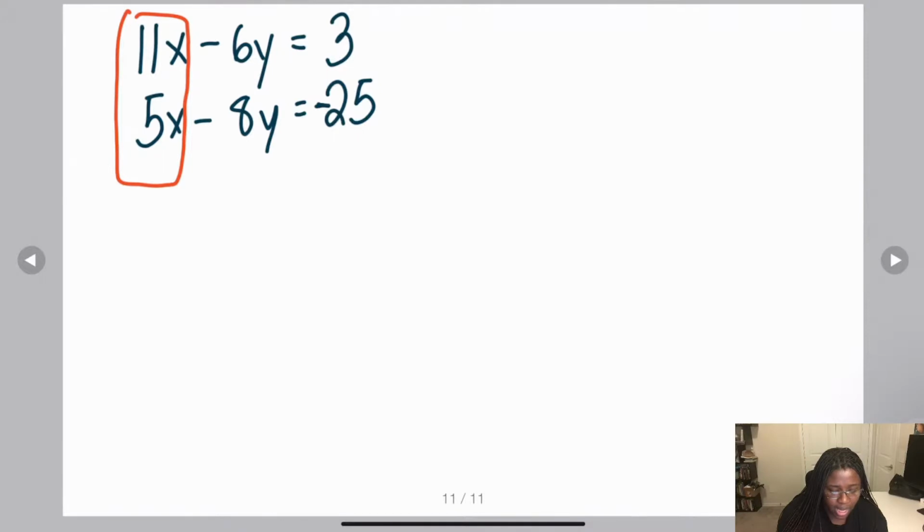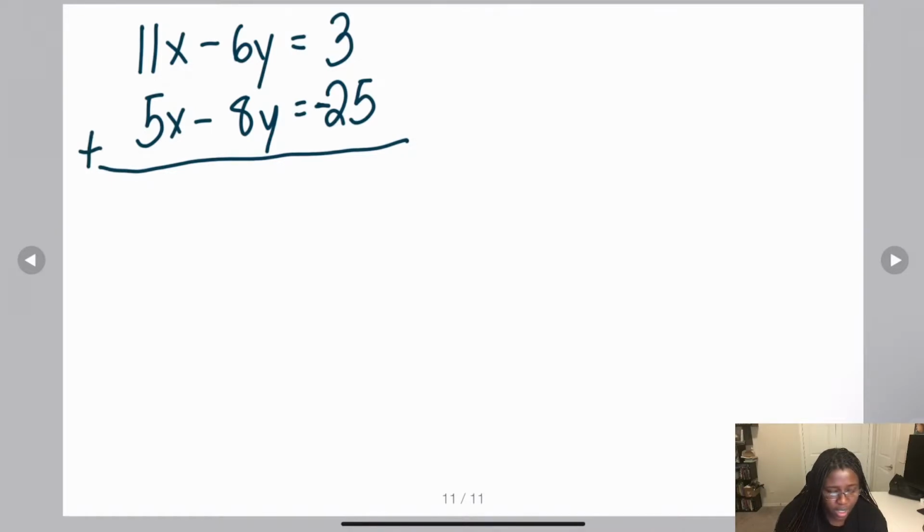And in my y's, I have negative 6y and negative 8y. Again, it doesn't matter which ones you select to eliminate, as long as they are the same number and one of them is negative. So I'm going to decide to eliminate my y's this time. It doesn't matter whichever one you do. Just know that you do have to add downwards.